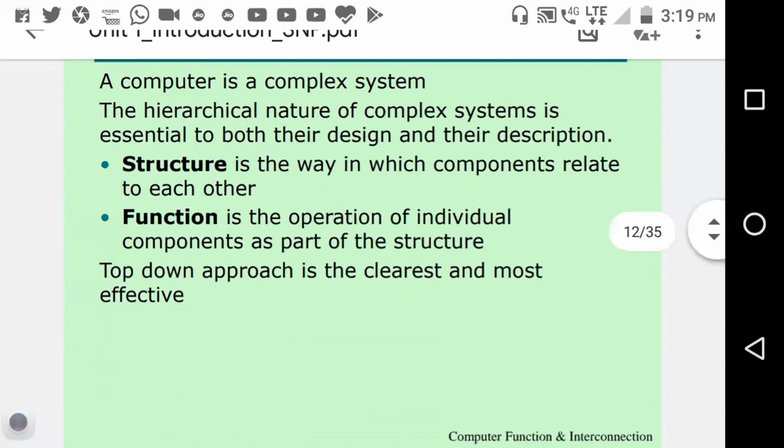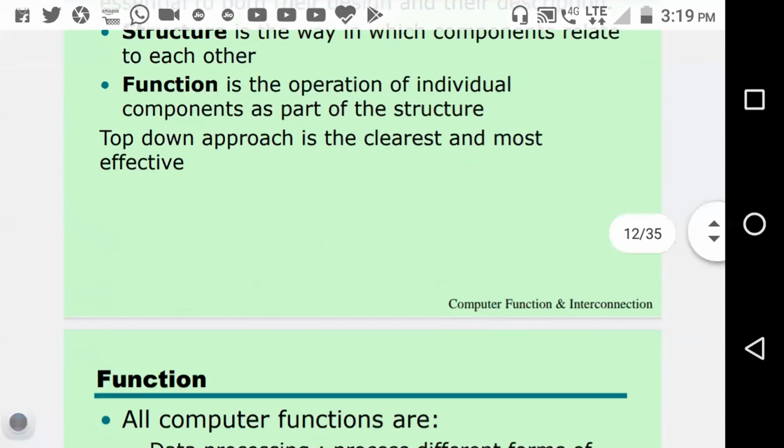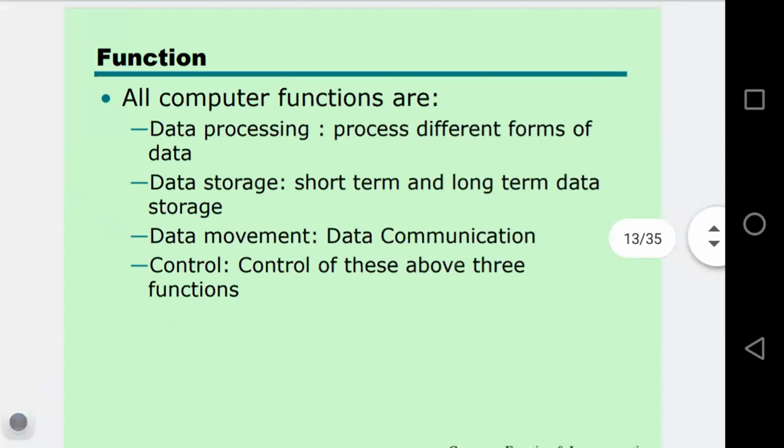First we have seen the function, like the processor and the memory unit. What are their functions? To process data in different forms, it could be image, audio, video, and storage means to store the data for the short term and long term, data movement and control.